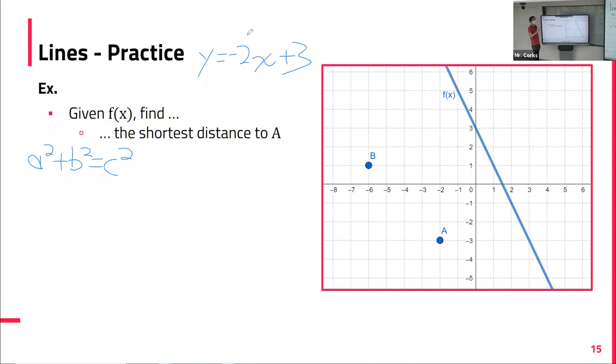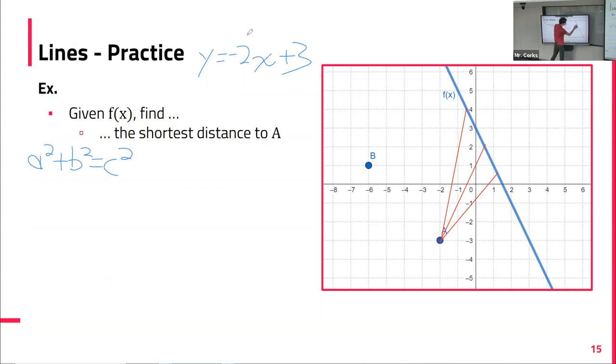Okay, there we go. Perpendicular line will be the shortest possible distance. That's the thing that we want to recognize here. So just quickly, intuitively, if I drew a bunch of different lines between this point and our f of x, the one on the top is pretty long and we're getting shorter, shorter, shorter as we go.